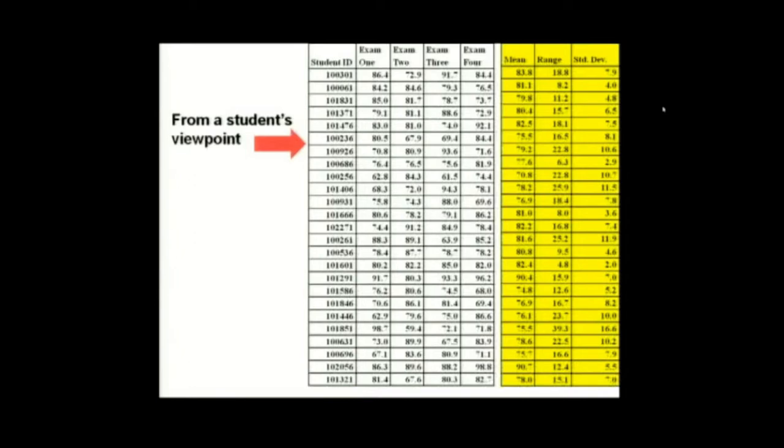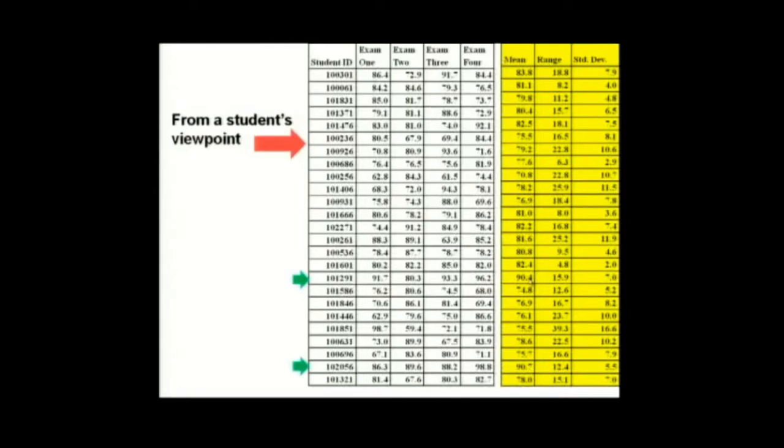And by doing that, they are really looking at the center of their grade score and the variability. For example, if we look at these two students here, we can see that these are A students, 90.4 and 90.7.